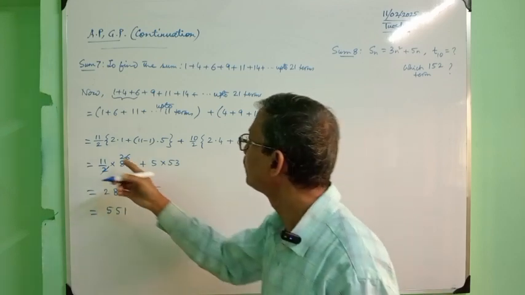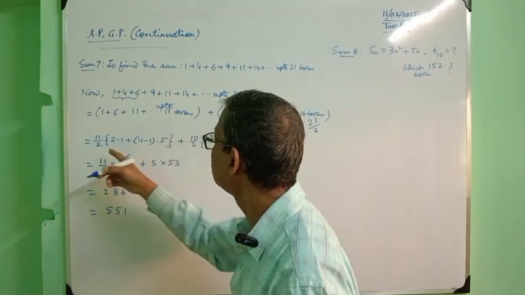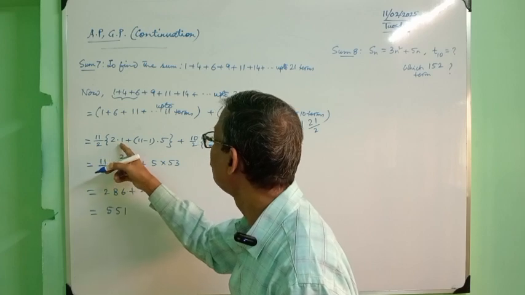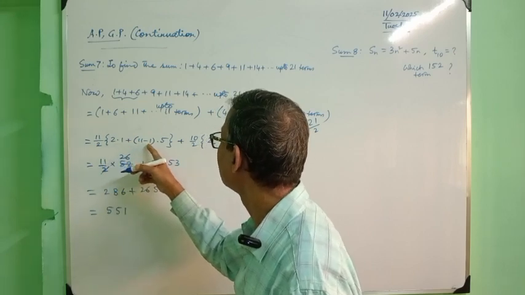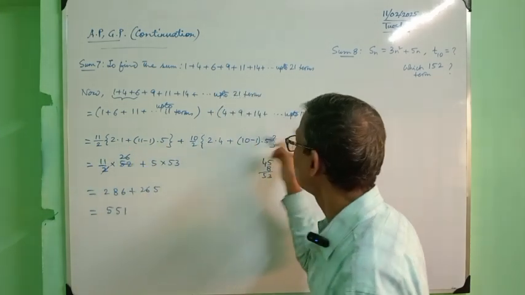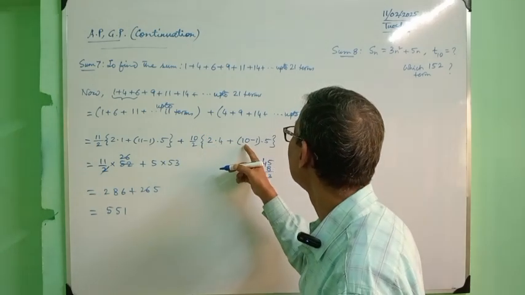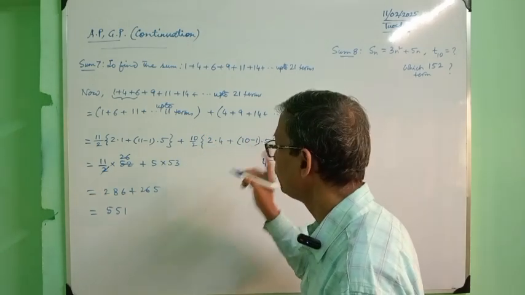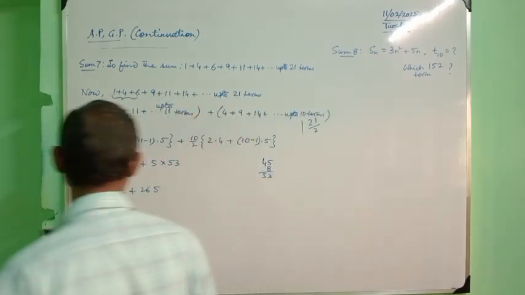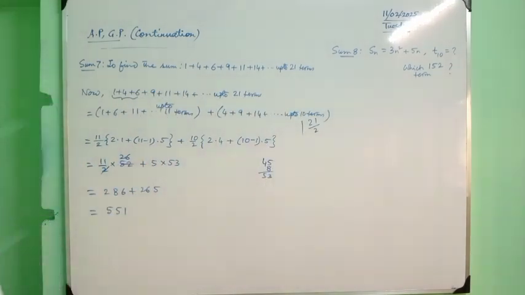Let us check. For the first one, n by 2, 2a plus n minus 1 whole into D. For the second, n by 2, 2a plus n minus 1 whole into D. We have simplified and the result is 551.